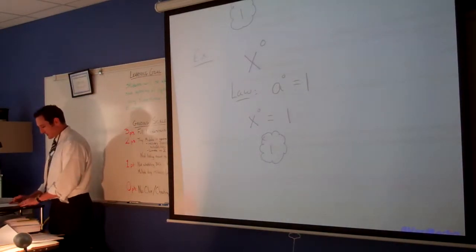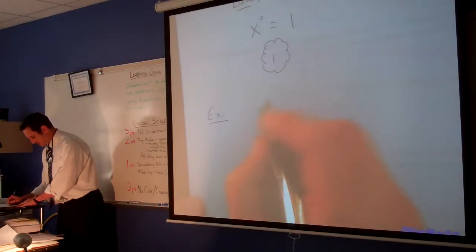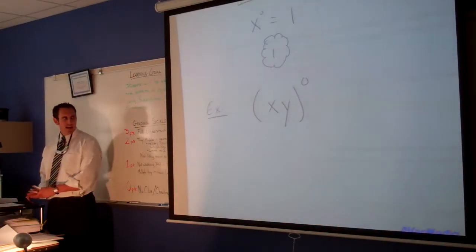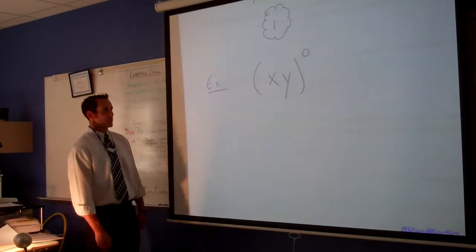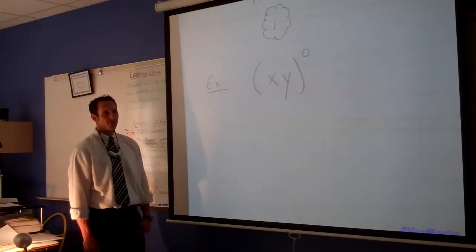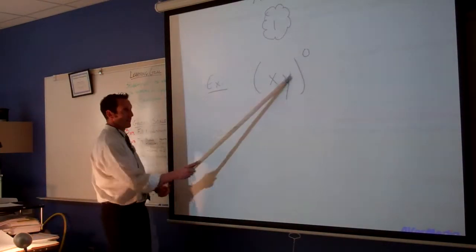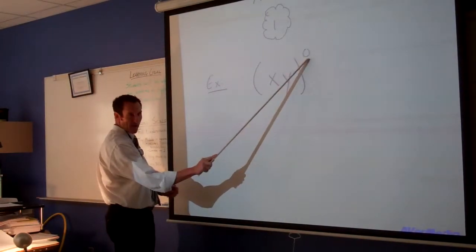So now let's get into something that looks a little bit more complicated, but we have to remember the power of parentheses. So let's do another example. Let's say I have this crazy looking thing, but it's inside parentheses being raised to the 0 power. That means that this whole thing, no matter what is inside, is being raised to the 0 power.